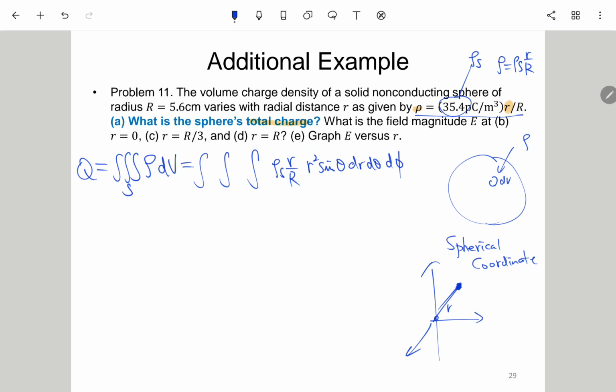And then if you project it to the xy plane, this is the xy plane and this is the z. This angle will be phi. And the angle between this line and the z-axis will be theta.